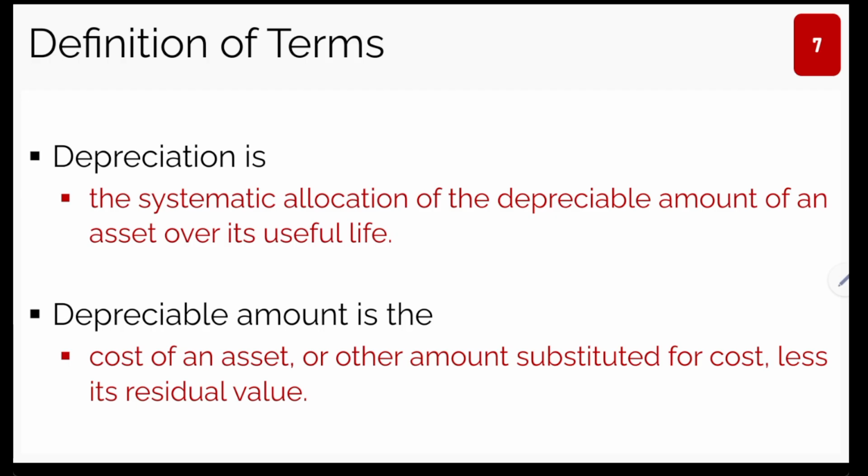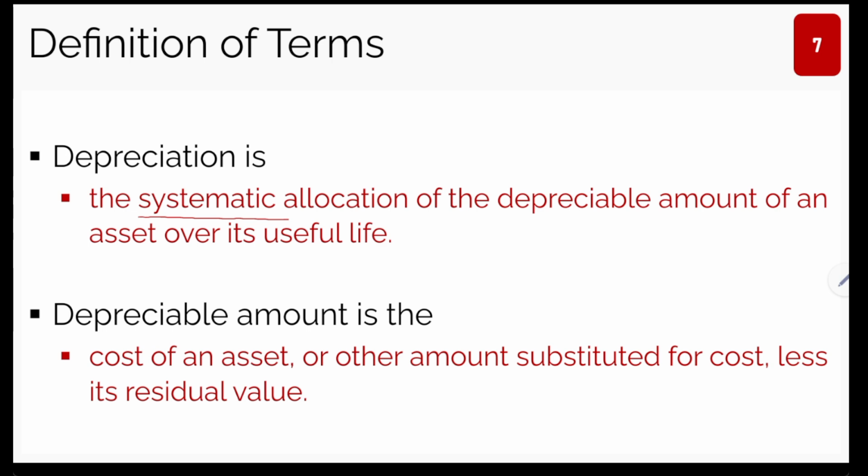The next is depreciation. All right, so depreciation is not what we used to learn. I know most times in some places you will learn, oh, depreciation is wear and tear. No, that's good for the layman, but for you as an accountant, depreciation is a systematic. Systematic means there's a process to something, right?